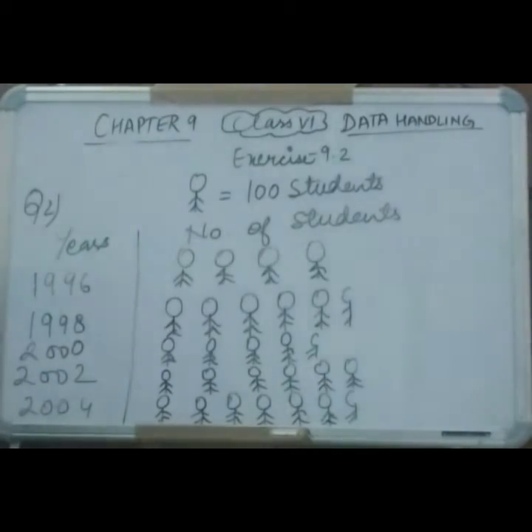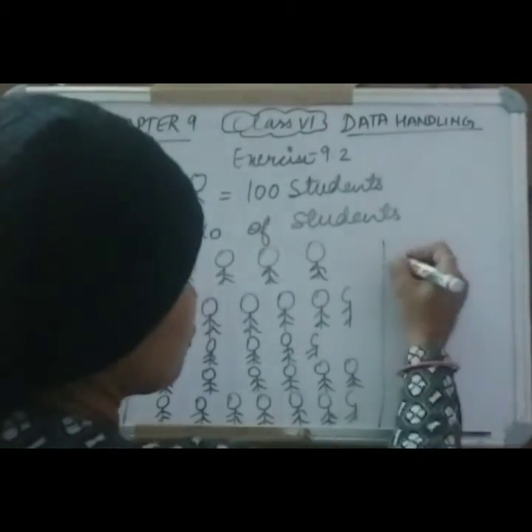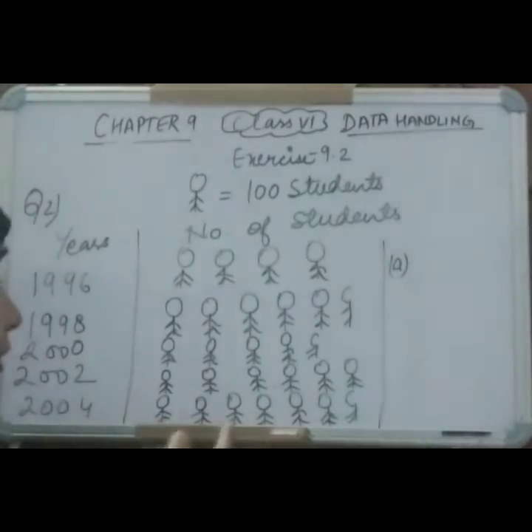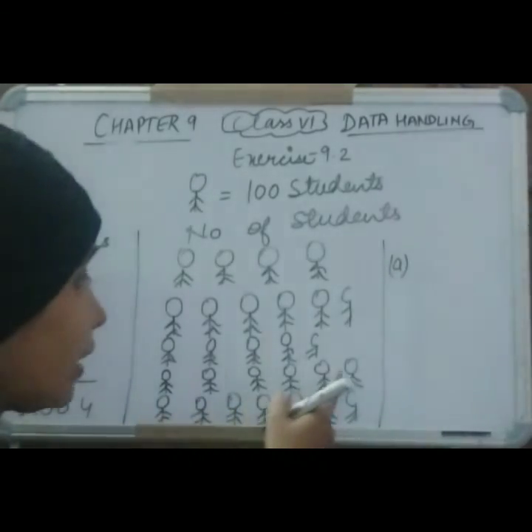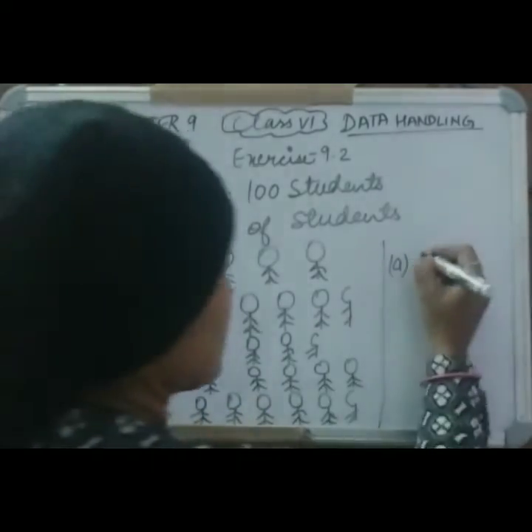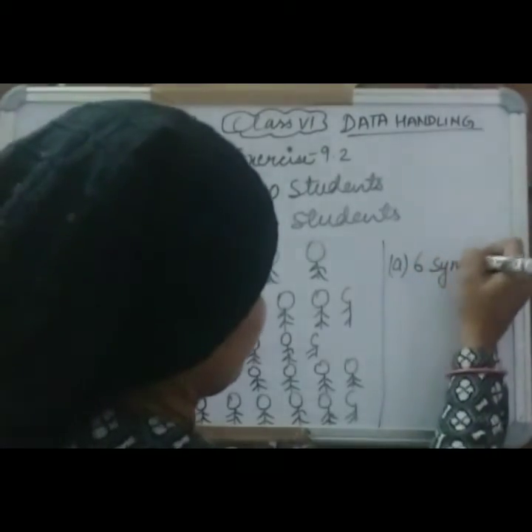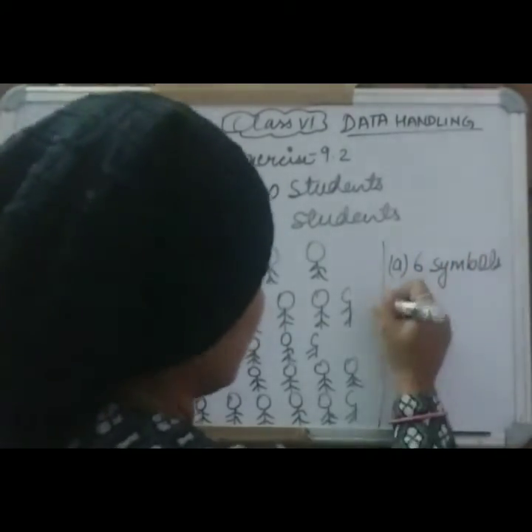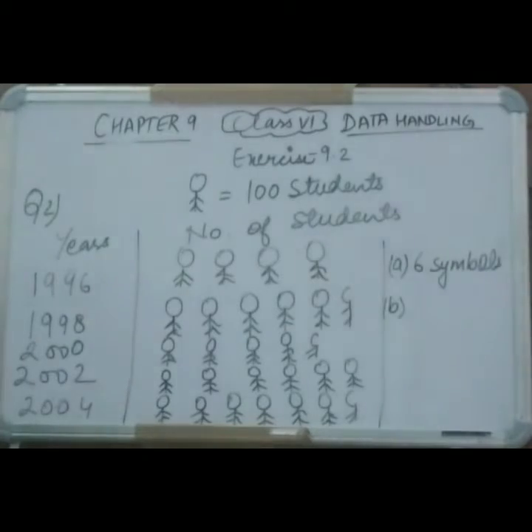Now the second question is, how many symbols represent the total number of students in 2002? In 2002, 1, 2, 3, 4, 5, 6. It is 6 symbols. Now see part B: how many symbols represent the total number of students for year 1998?